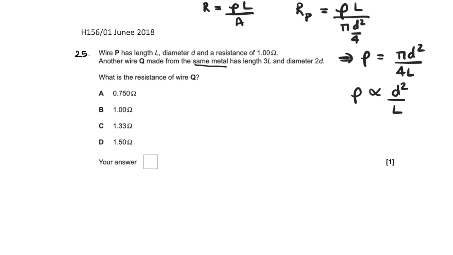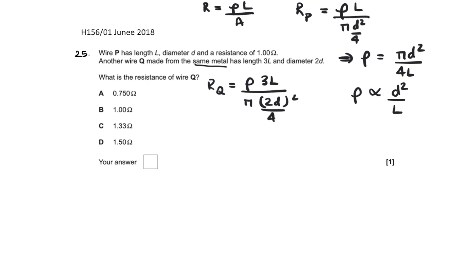So now similarly for RQ, which is what they're asking us, RQ is equal to resistivity times the length, which is now 3 times as much, so 3L, over the diameter, which is 2D, so that's just going to be pi times 2D squared over 4.